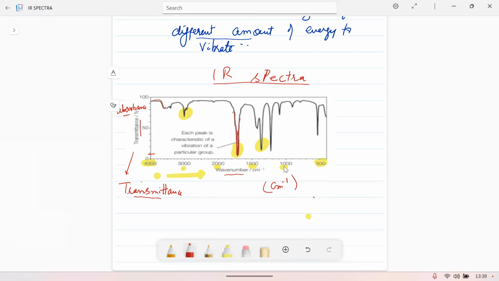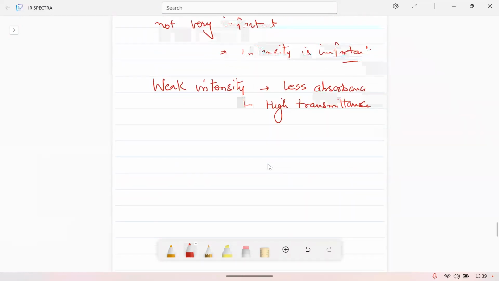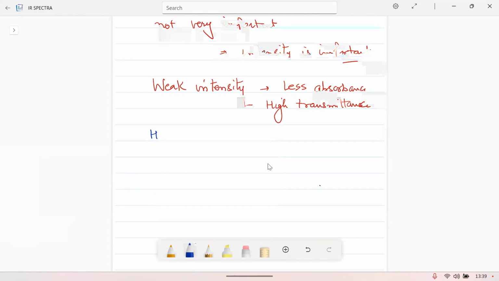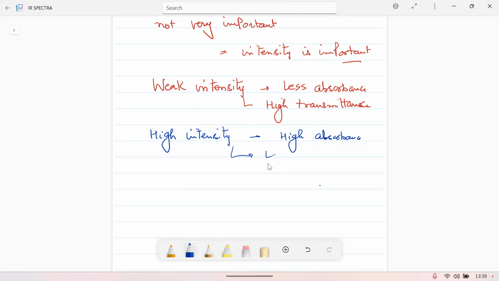So that depends on what you are looking at, transmittance or absorbance. You don't need to worry. You just need to look at the values given over here, but I'm explaining to you. So is this opposite? That is what we need to understand. And if you have a high intensity, then it will be high absorbance, or you say low transmittance.